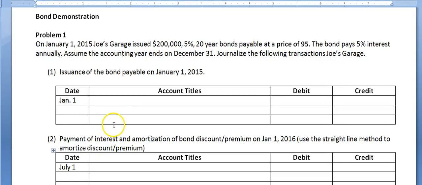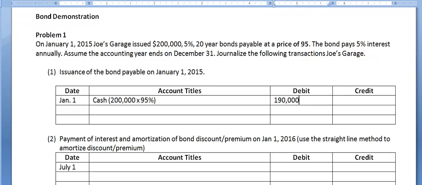The way we determine how much cash we're going to receive from the bonds, and I'll put the calculations in here, is to take the face value of the bond or principal times this price. But remember that represents a percent, so that's 95%. We don't see the percent sign, but that's what it really is. When we multiply 200,000 times 95%, we get $190,000.